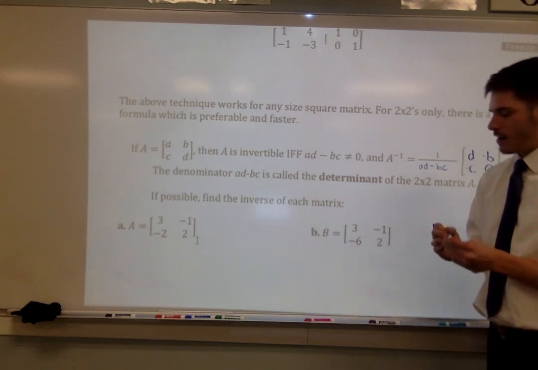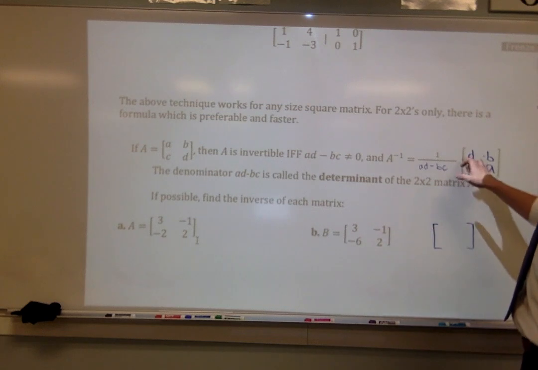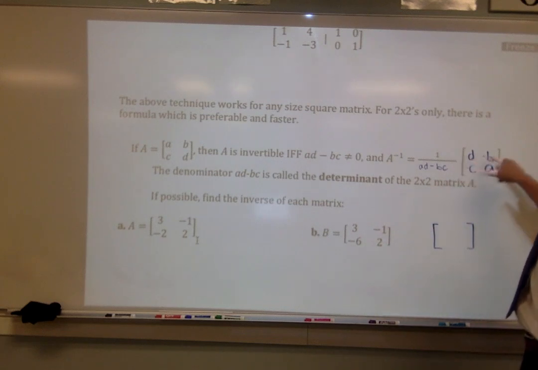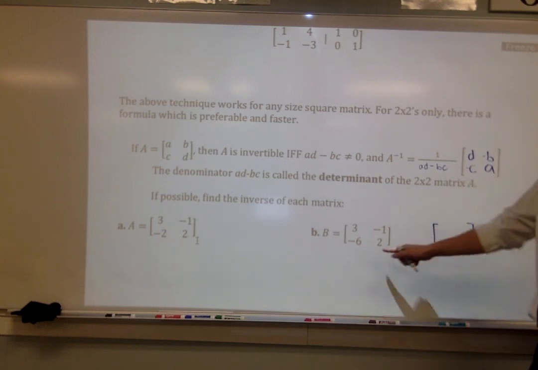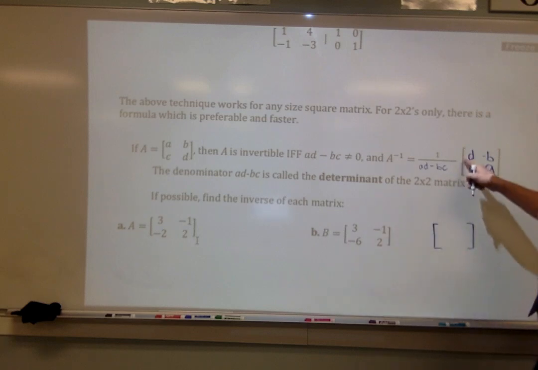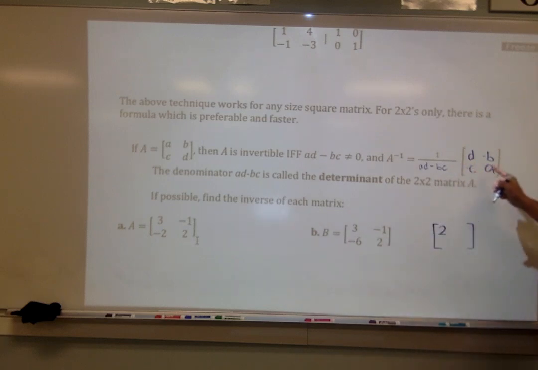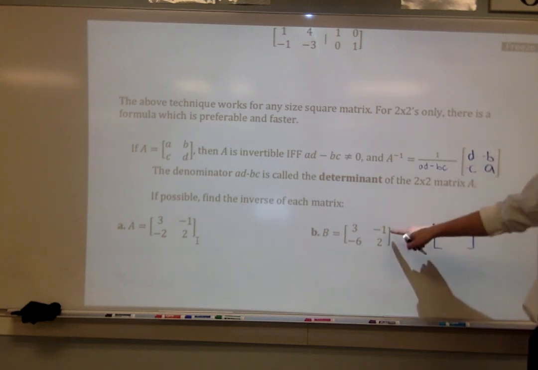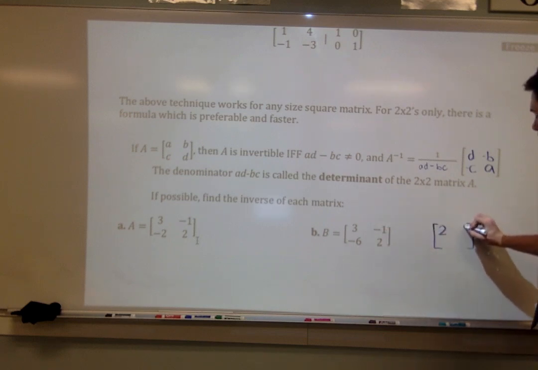So if I have A, B, C, D, and I'm trying to get to positive D, negative B, negative C, and positive A, I'll just have to flip these around. So this is D. I'm going to put this in the D spot. We got negative B right next to it, so this is B, but we're going to change the sign, so we'll have a positive 1.